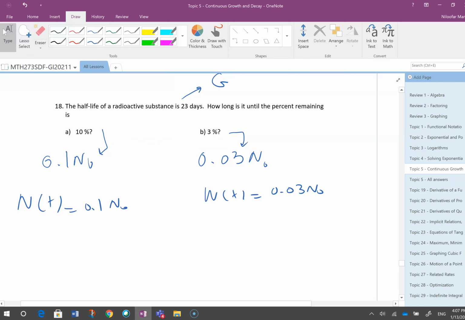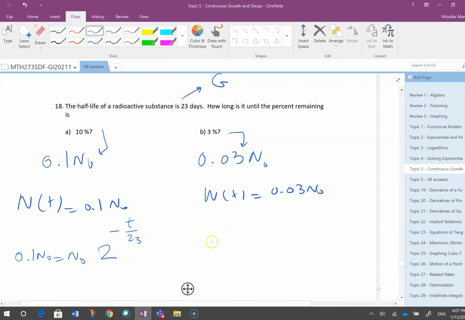How about here? Half-life. Okay, so 0.1 N0 equals N0 2 power minus T over 23. And then find the answer.